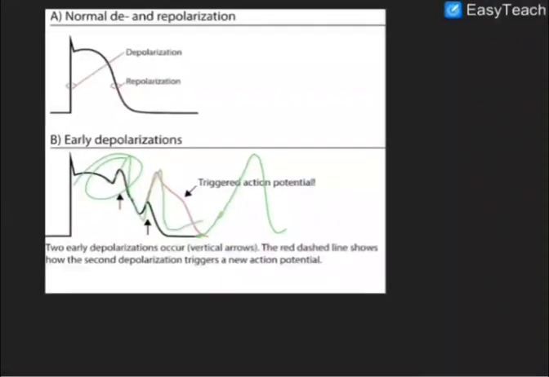The absolute refractory state, which is maintained until phase 3, will be lost, and the cardiac myocyte will be stimulated prematurely.